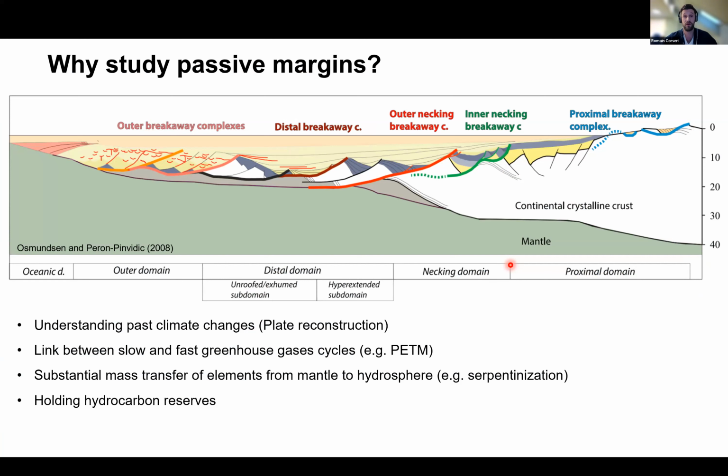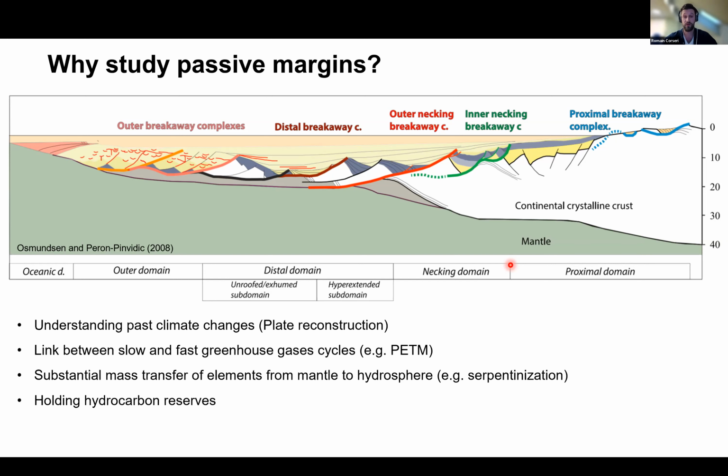First of all, it's an important point in understanding past and current climate changes, for example by reconstructing the plate configuration in the past, such as the breakup of Pangaea. It also has an importance for carbon cycles, with the greenhouse gases that are released during the opening of ocean domains.